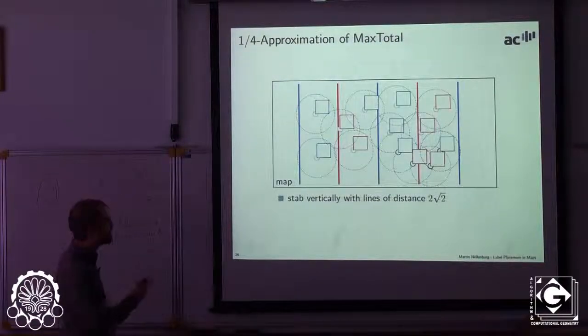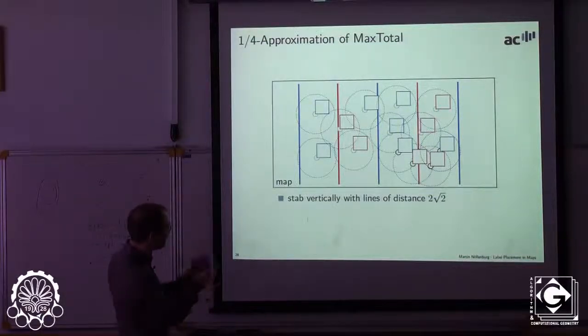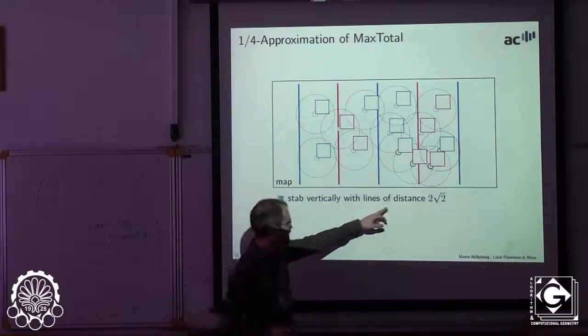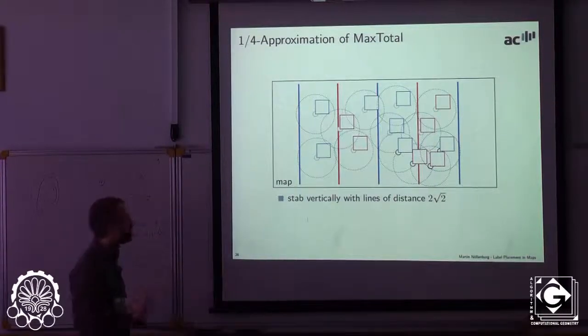And now we can use a technique that people who have worked a lot in computational geometry know very well, this line stabbing technique for approximation algorithms. We stab our complete set of labels or circles with vertical lines whose distance is 2 square root 2, this distance bound.